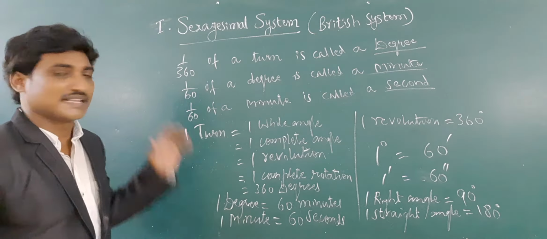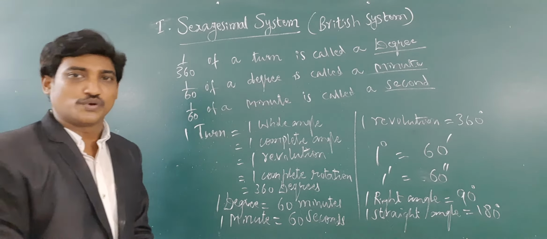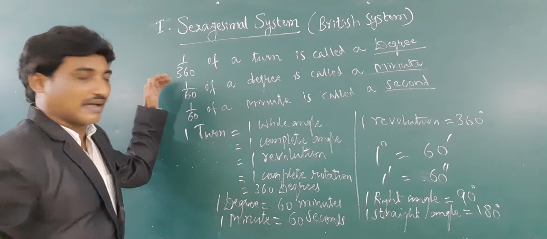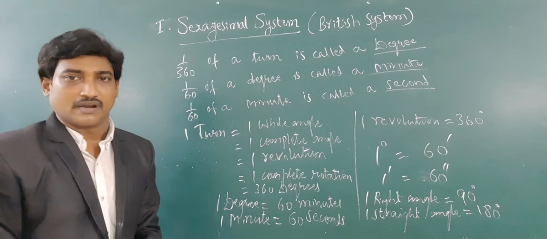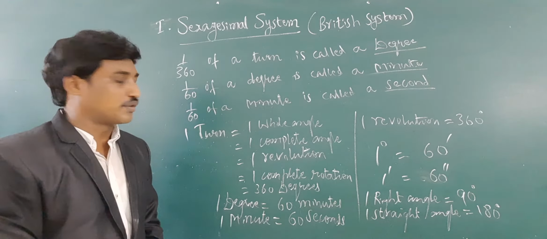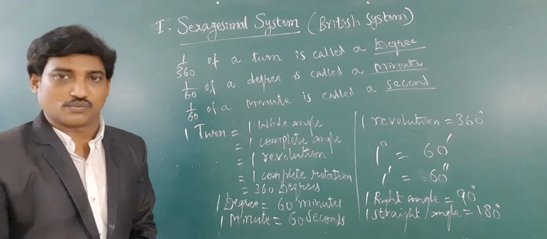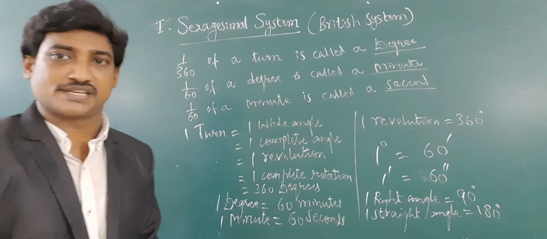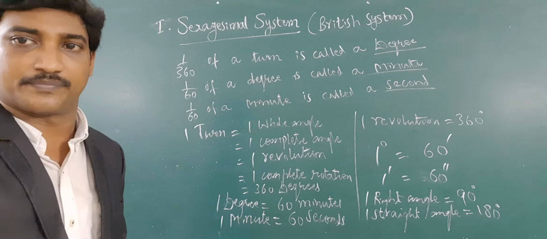This is about the sexagesimal system. In the sexagesimal system, the unit of measure of angle is the degree. Degree is further divided into minutes, and minutes further divided into seconds. 1 degree is equal to 60 minutes. 1 minute is equal to 60 seconds.